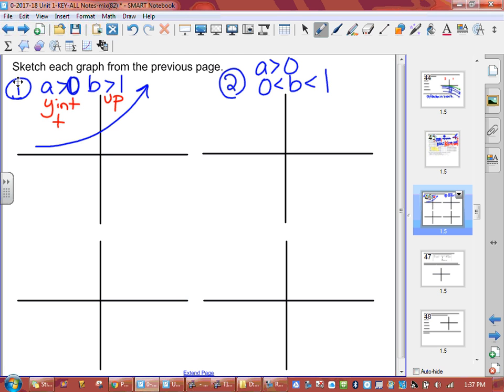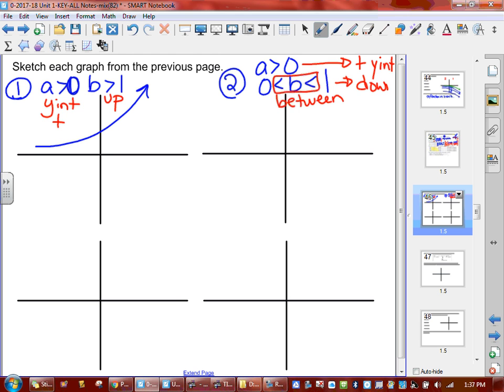So, first part, A greater than 0, let's say we have a positive y-intercept. So I know I'm on the top half of my graph. But because B is between 0 and 1, this tells me it's going down. So if it's going down, I'm going to have a graph doing that. Okay? Up versus down.